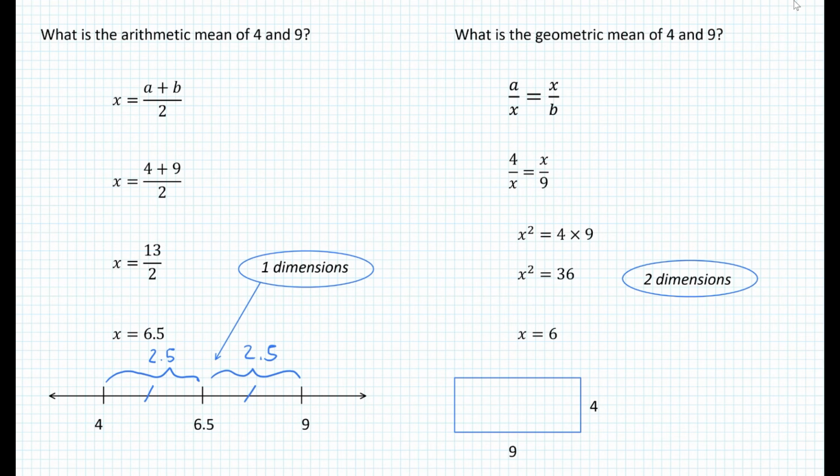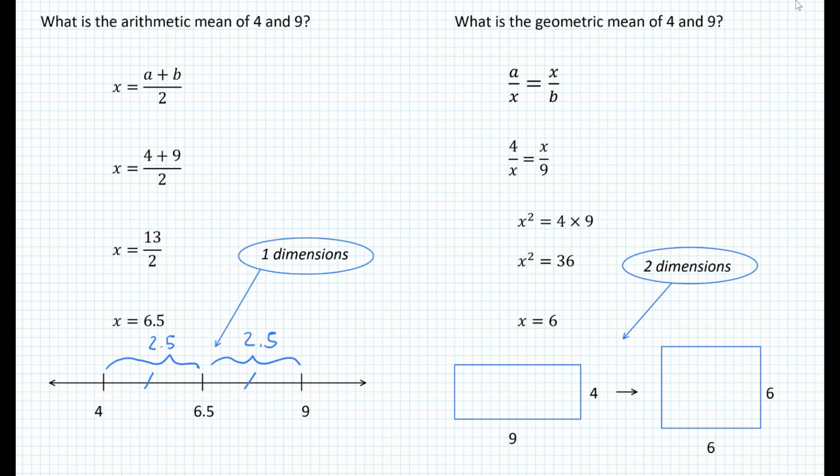What are we doing here with the geometric mean? We're trying to find a square that has the exact same area as this rectangle with sides 4 and 9. And as you can see here, the square would have dimensions of 6 by 6. And these are the sides. So as you can see, the geometric mean is a two-dimensional problem. It's like taking a rectangle and trying to make a square out of it. So that's how you can visualize it.